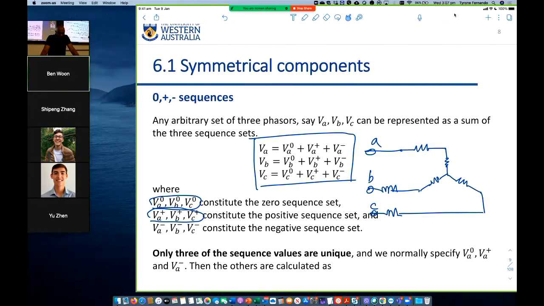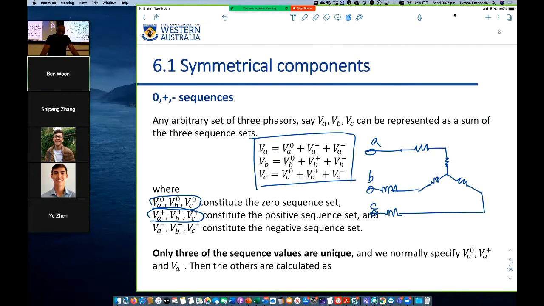So VA is equal to VA0, the 0 sequence for voltage A, plus VA1, the positive sequence for voltage A, plus VA2, the negative sequence for voltage A. We can say the same thing for VB.